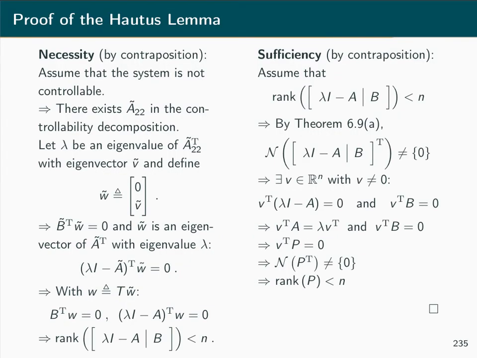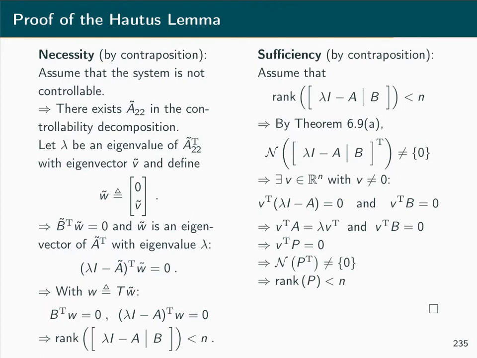The proof of the Hautus lemma is split into two parts, one for necessity and one for sufficiency, where both of them will be proved by contraposition. First, for necessity, we start with the assumption that the system is not controllable. This implies that there must exist a block matrix A tilde 2 2 in the controllability decomposition, which has dimension greater than 0.